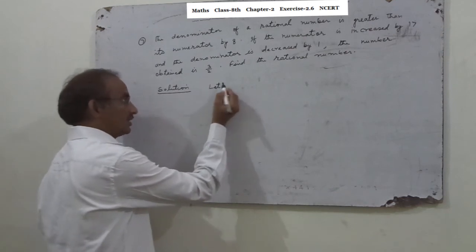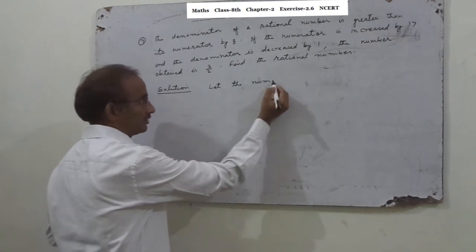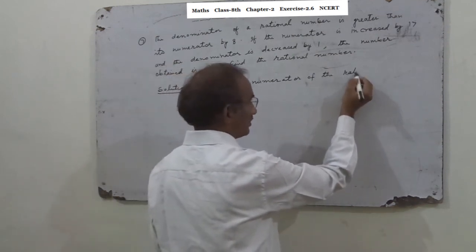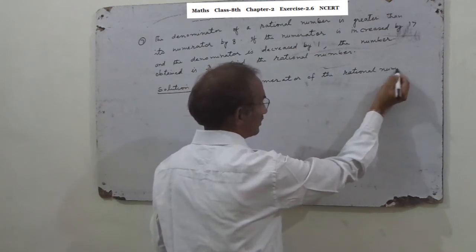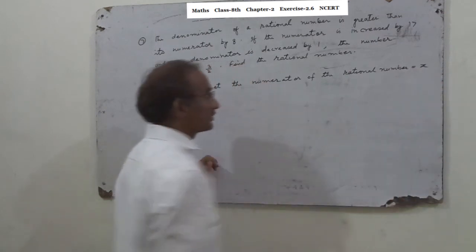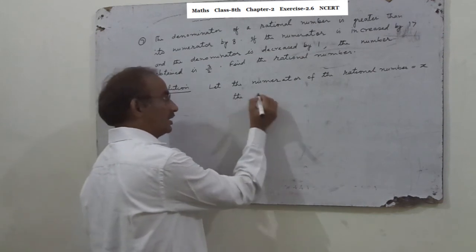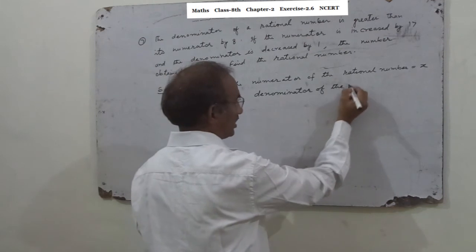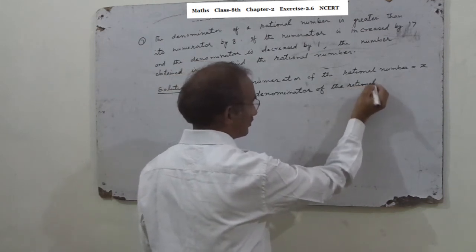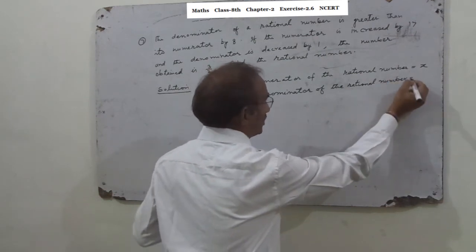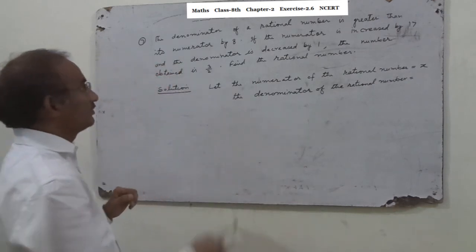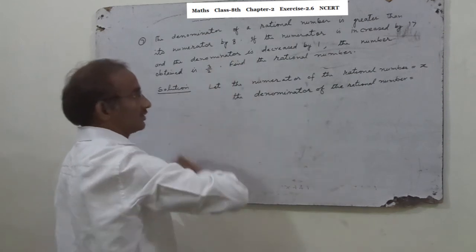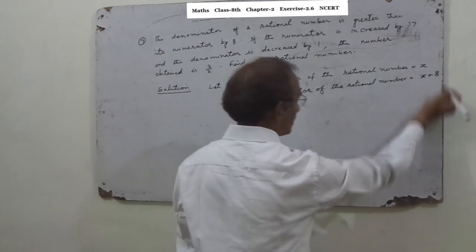So let the numerator of the rational number be equal to x, and the denominator of the rational number will be x plus 8 because the denominator is greater than the numerator by 8.